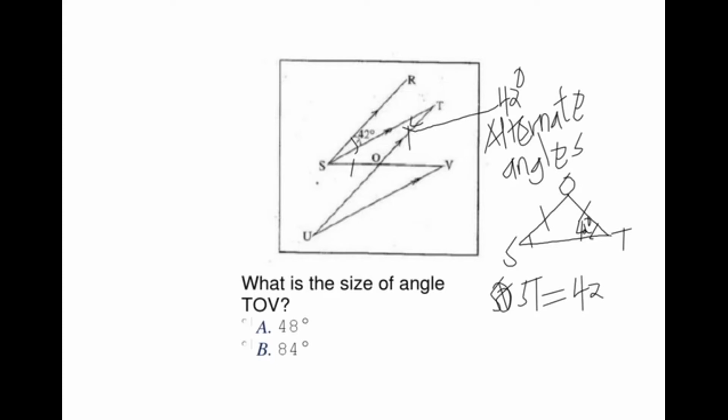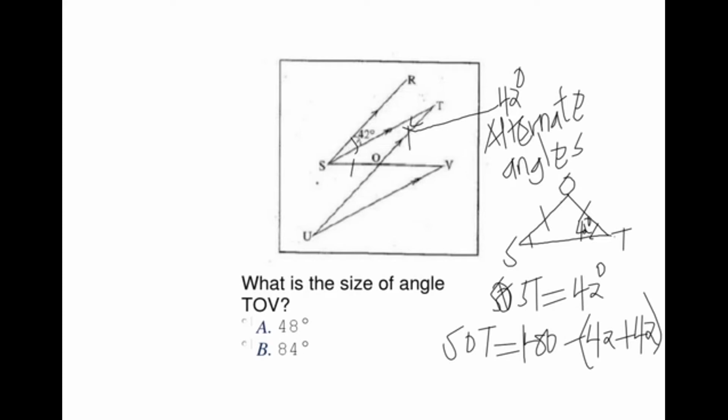If this angle and this angle are the same, then angle SOT will be given by 180 minus (42 plus 42) in brackets.